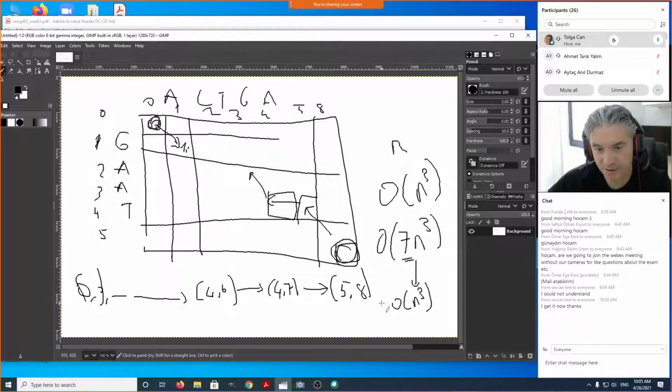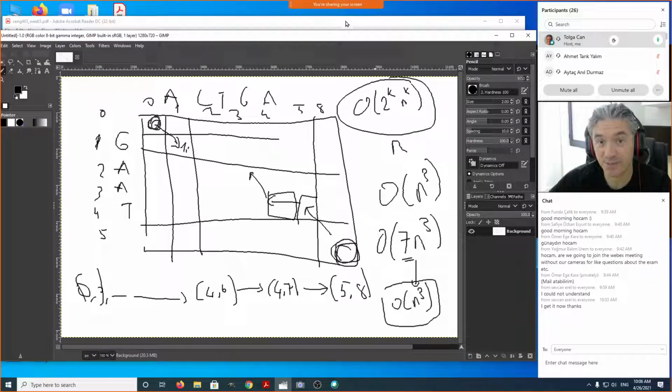So it still seems polynomial. It doesn't seem exponential in k, but actually, if you generalize it to k sequences, it will be something like O(2^k n^k). As you can see, our time complexity will be exponential in k.